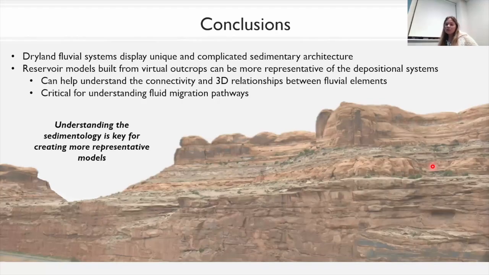For the case of this work, I didn't really look at the diagenesis because in my outcrop studies, most of it has an overprint of a calcite cement. But if I was doing it with direct application for the subsurface, then yes, including the diagenetic effects is really, really important.